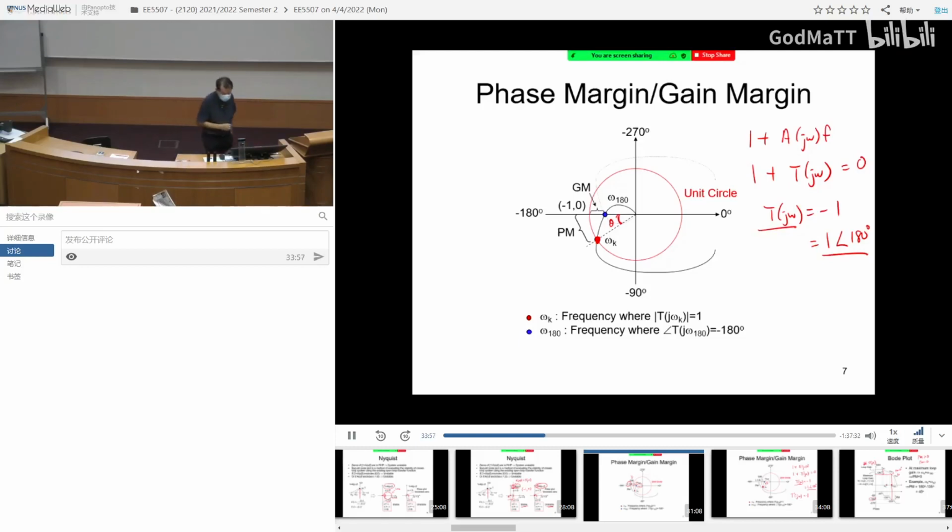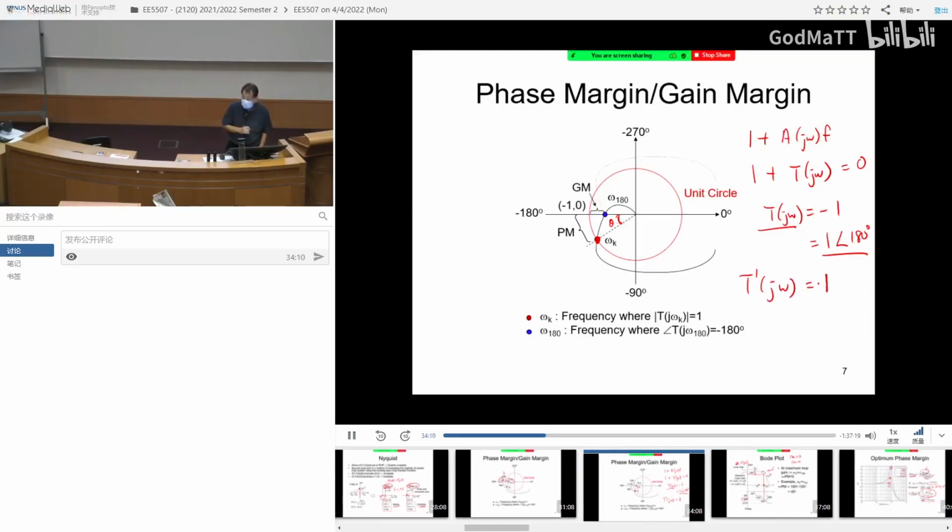So then the gain margin, basically, let's say I have another system that has T'(jω). So I can do two things. One thing is, I look at the magnitude when you drop to 1, what is the corresponding angle? If this angle is less than 180 degrees, stable. Okay? Or I can look at another way.